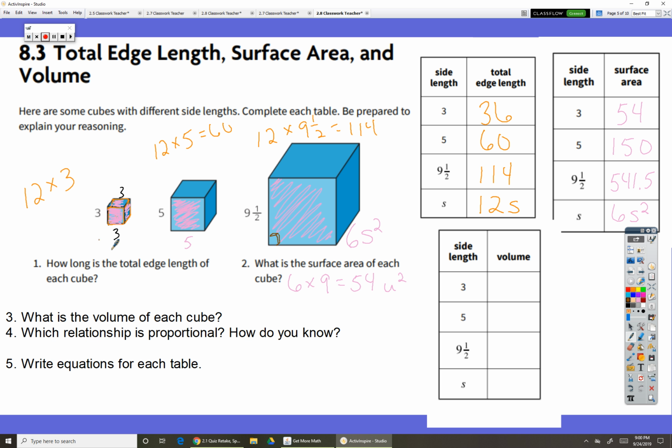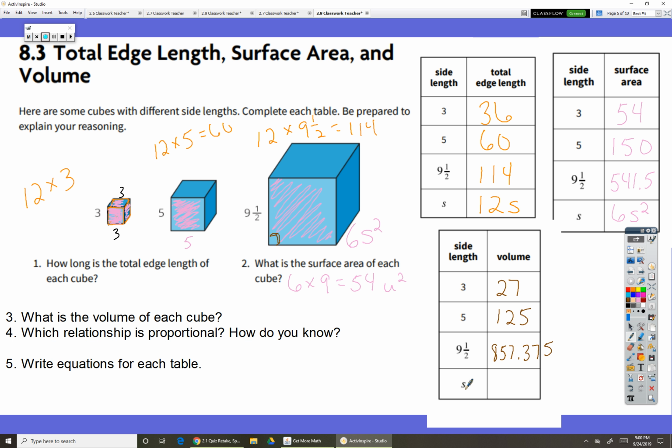So for the first cube, we would do 3 times 3 times 3, which is 27. For the next cube, we would do 5 times 5 times 5, which is 125. For the large cube, we would do 9.5 times 9.5 times 9.5, and we get 857.375, or 375 thousandths.